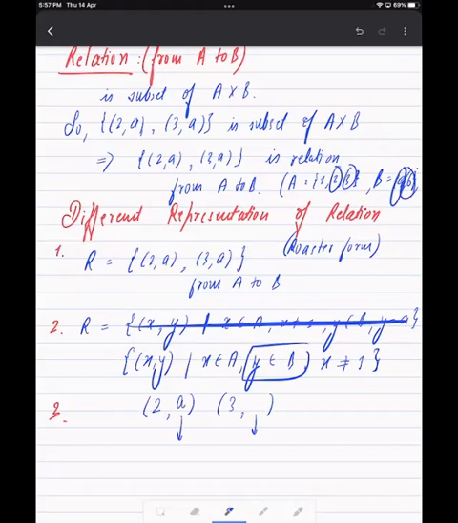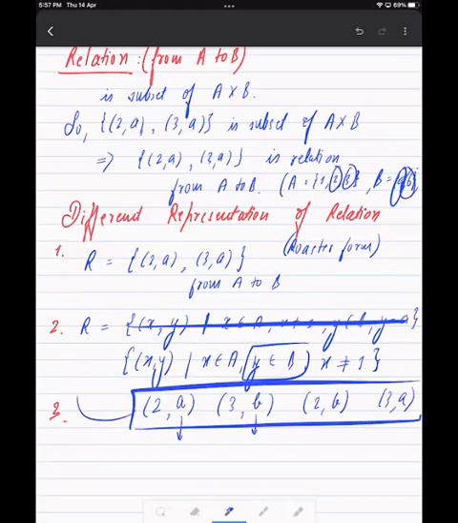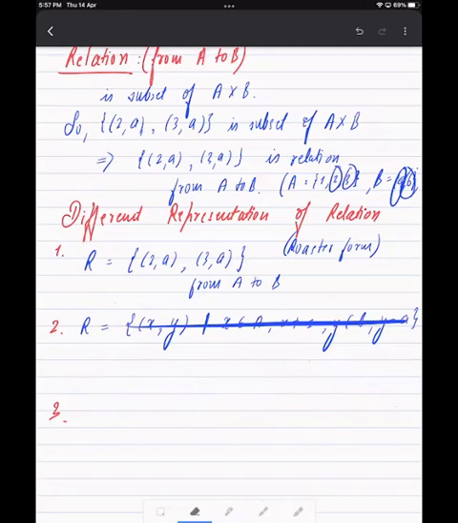So I can write 2 with a, I can write 2 with b, or I can write 3 with b, or I can write 3 with a. All the 4 are possible according to your description, which is not my set. So this description is incomplete. Okay. So make sure whenever you're writing the properties of your element in the set, it should be complete. This form, we call it set builder form.